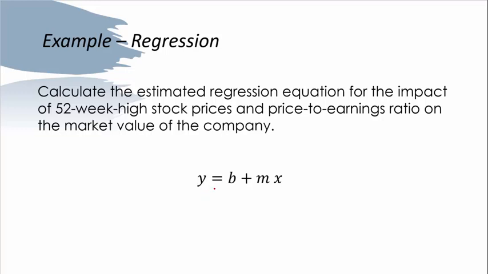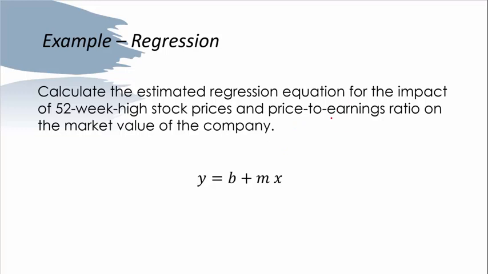So y is some function of a constant plus a slope times x. The slope times x piece allows x to change, and that slope will tell us by how much y will then change in response. We actually have two x's here. We have the 52-week high stock price, and we have the price to earnings ratio.